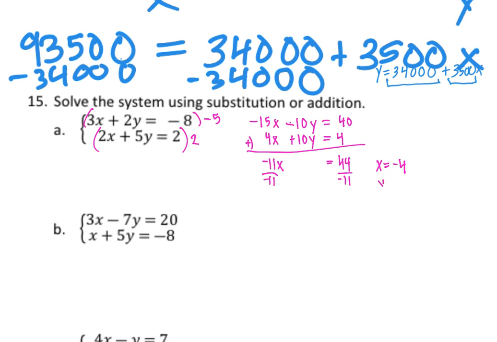Now we need to find the y that goes with that x. We can use any equation as long as there's a relationship between x and y. So I'm going to take this 2x plus 5y equals 2, and plug that negative 4 in for x.